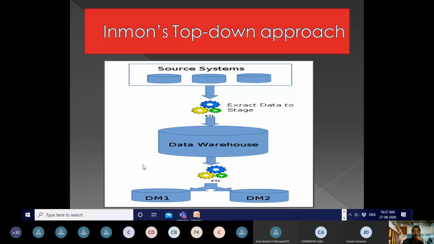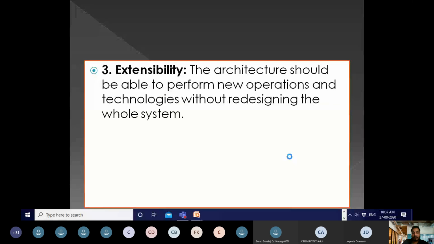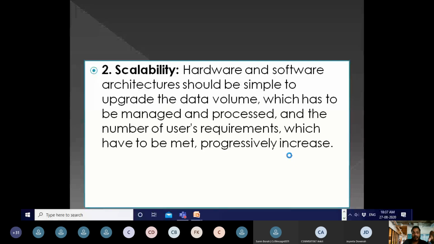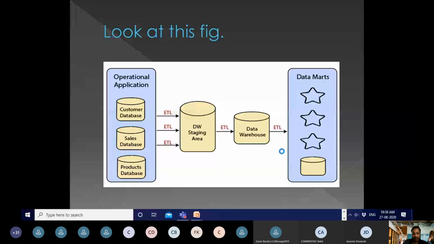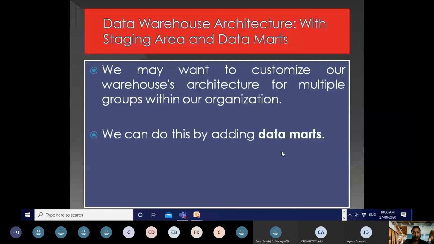For the answer to this question, I want you to come back to the first different structures. What you have seen is that the data mart comes only in the third type of data warehouse architecture, right or wrong? The third type was the data warehouse architecture with staging area and data mart.